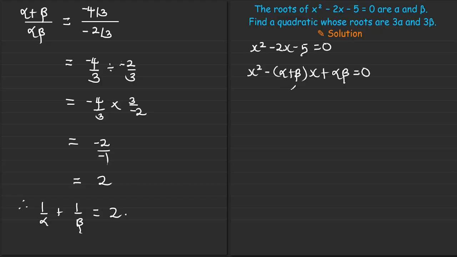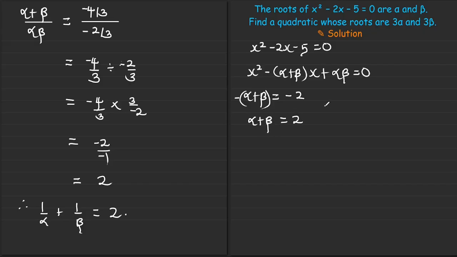So if you compare, you can easily say the negative sum of the roots is equal to whatever we have here, so it's equal to negative 2. So we can simply say our sum of roots is equal to 2.